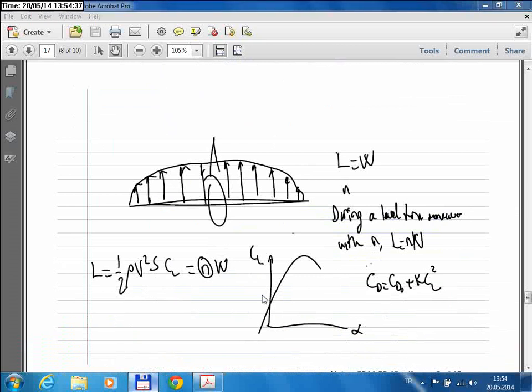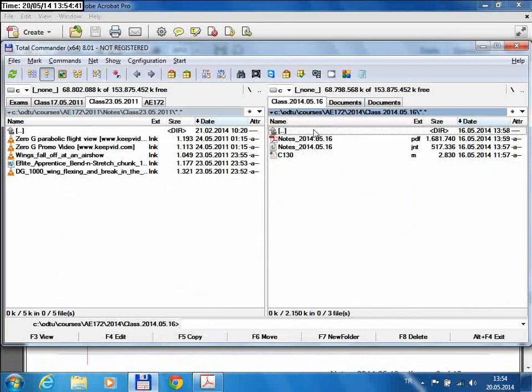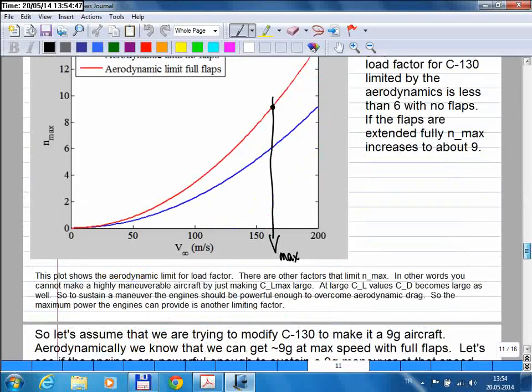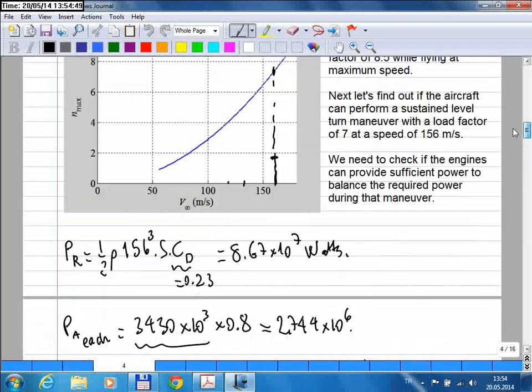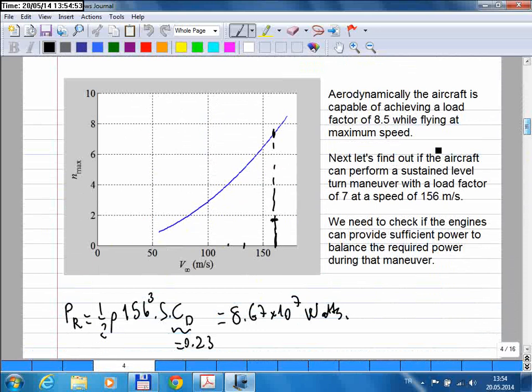Okay, and if we come to last Friday's lecture, which is this one, on Friday we studied how high of a load factor an aircraft can have, and it turns out that this depends on the flight speed. For that we use this diagram.